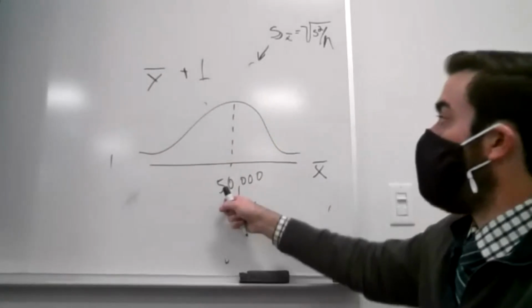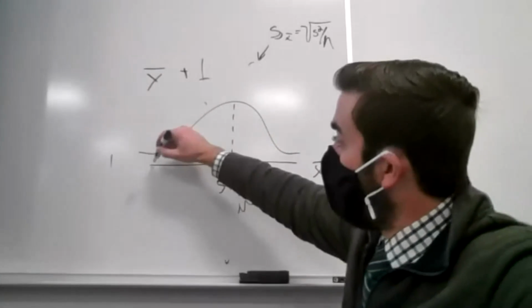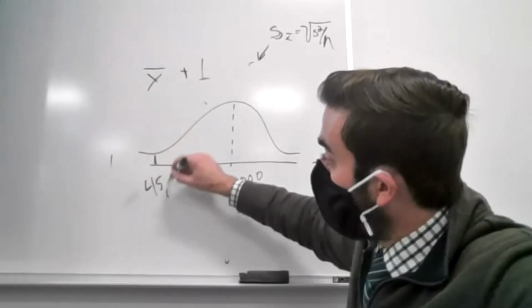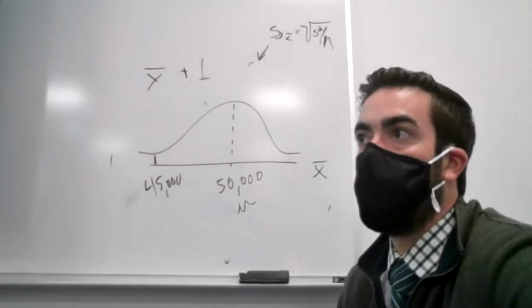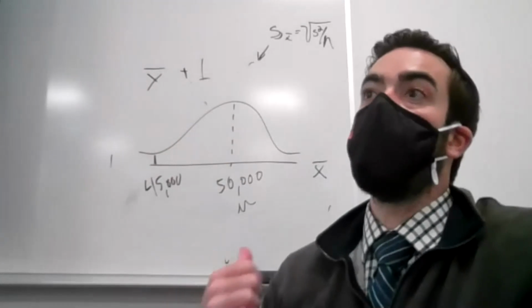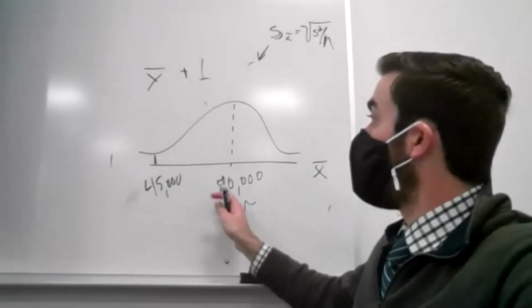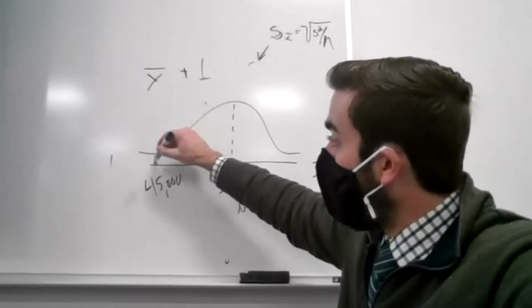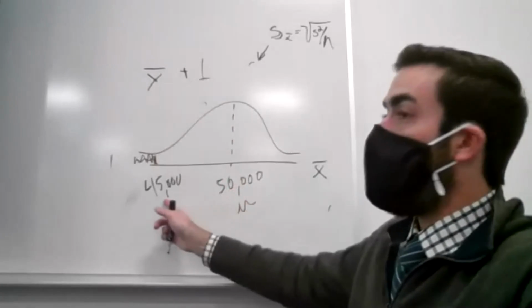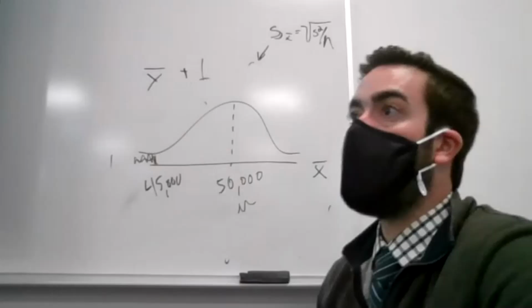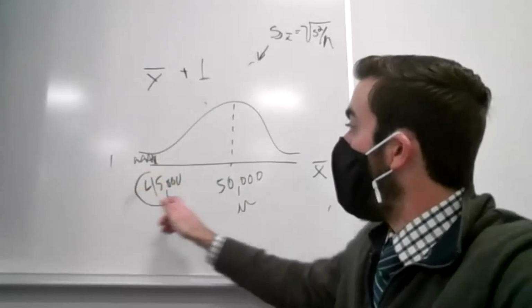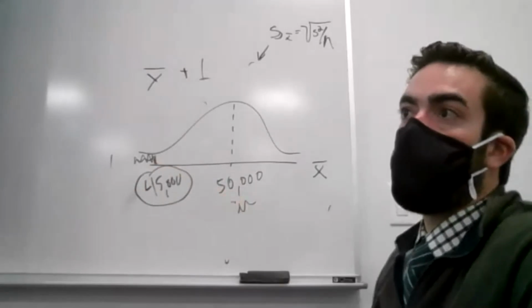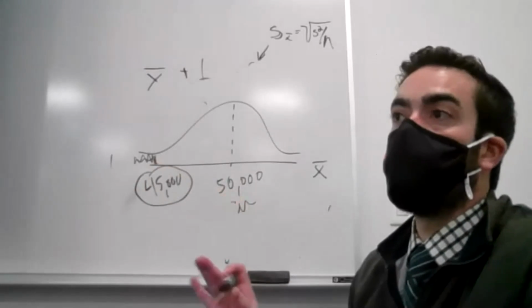So if I assume the population mean is 50,000, the likelihood that I see 45,000 isn't very high. That would be evidence that goes against this null, because it's very unlikely I'd see something that far away from the mean if in fact the mean was 50,000. So here I would have found evidence that strongly went against my null hypothesis, and I might be able to reject it.